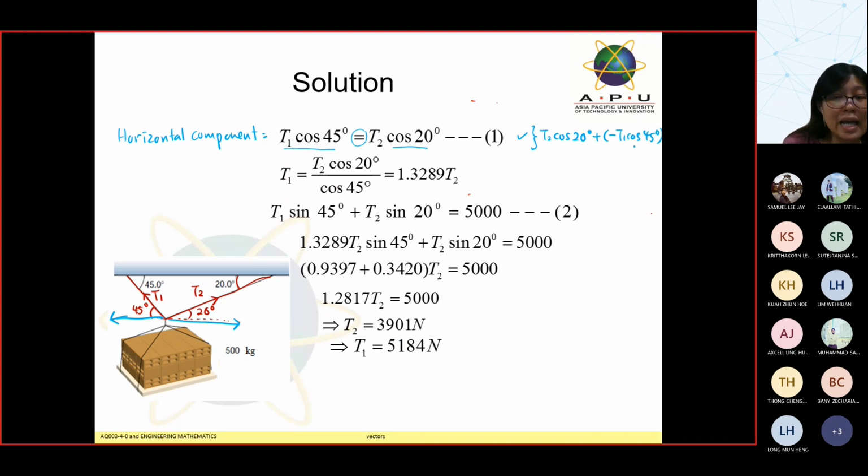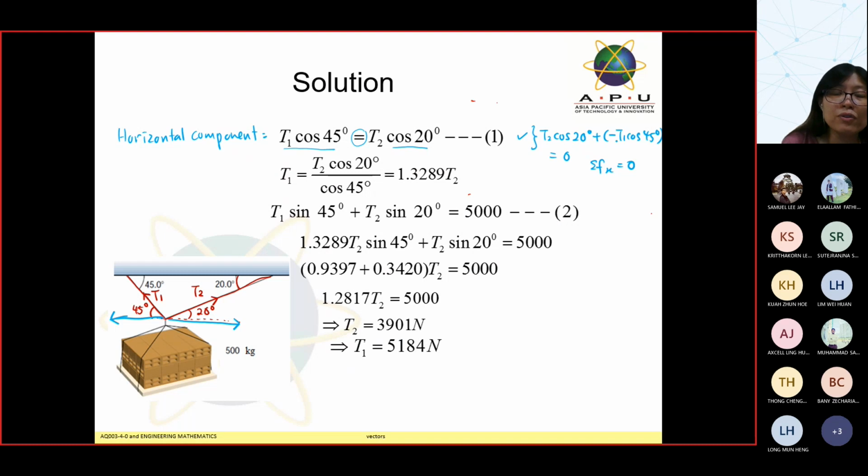Why is it negative? Because it is in the opposite direction. To indicate a horizontal component in the opposite direction, I put a minus. So this will equal 0: T2 cos 20 plus negative T1 cos 45 equals 0, which is the total Fx equals 0.